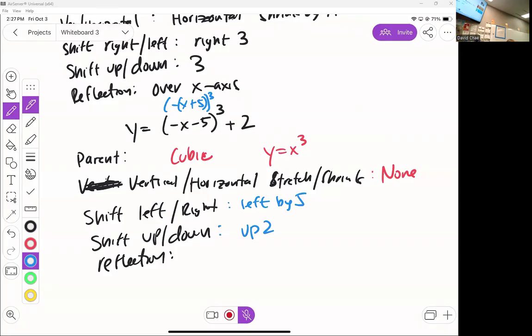I can't remember this for the life of me. Yeah, reflect over y. So if it's inside the parentheses, pretty much you're reflecting over the y. If it's outside of the f of x, you're reflecting over the x.